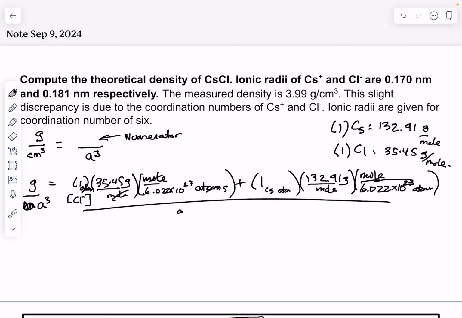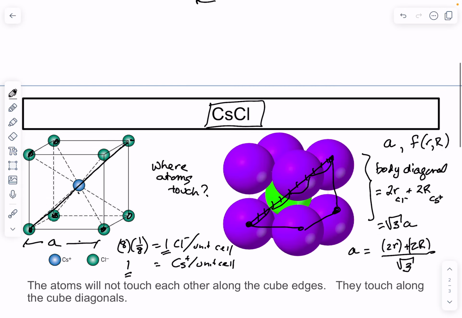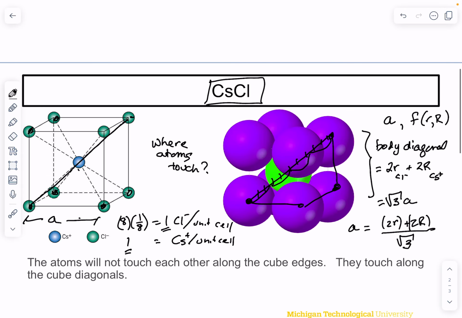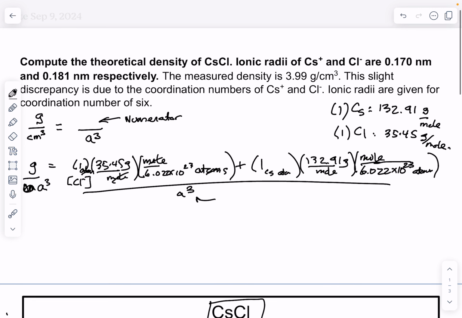Let's go ahead and substitute A in for what we had already solved it to be, which would be 2r plus 2r over square root of 3. Actually, let me solve for that quickly up here.